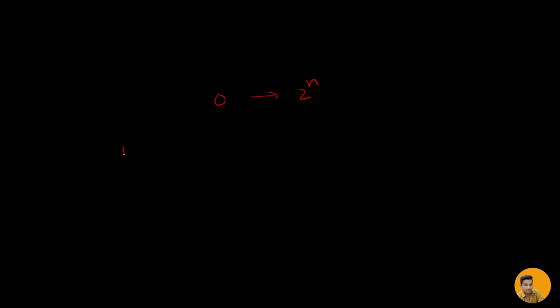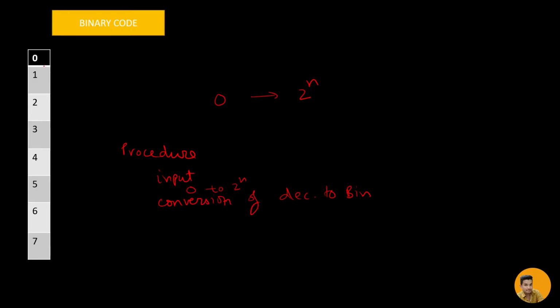So the procedure is simple. The procedure is: input, then conversion of a decimal number to binary. Input, and we will go from 0 to 2 to the power n.